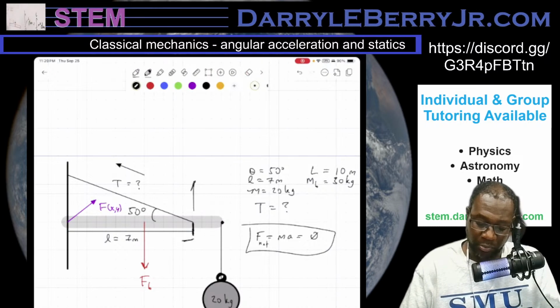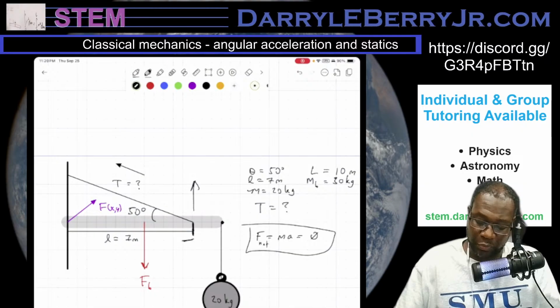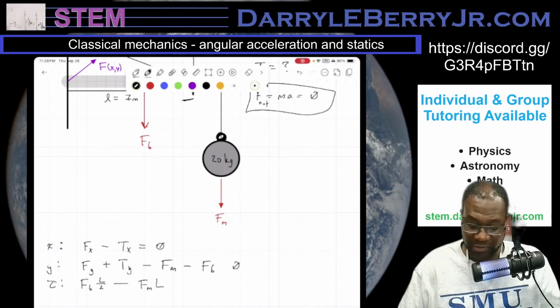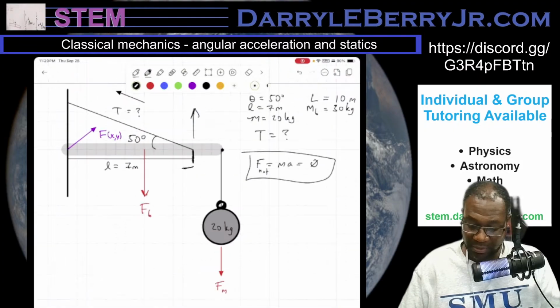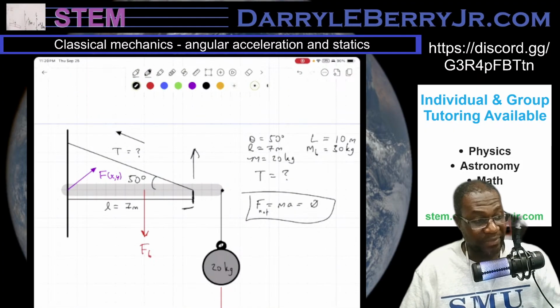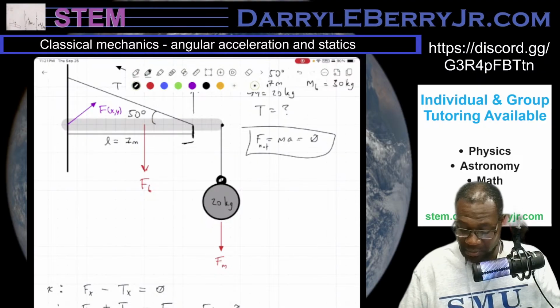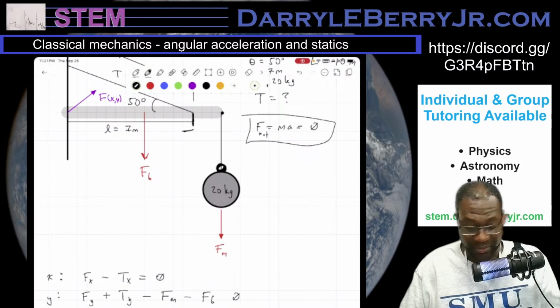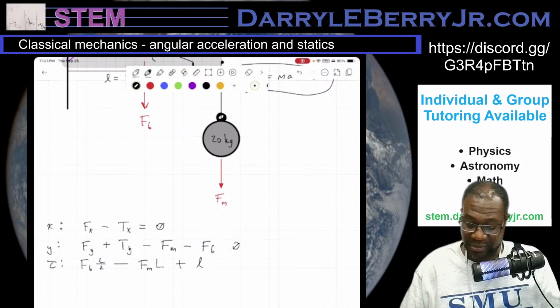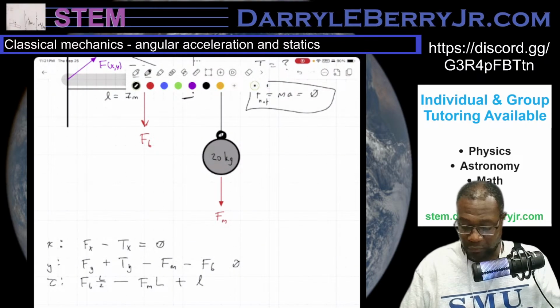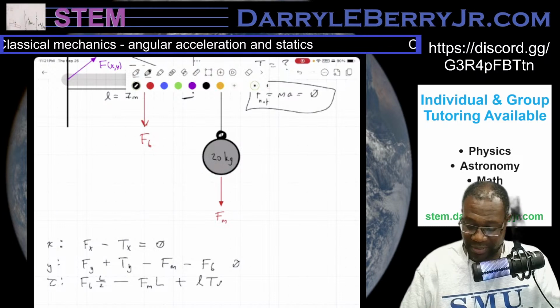But the upward portion of the tension force is making it torque, just like the weight is. So there's going to be a plus. It's going to be from where it's touching the beam. Again, there's always going to be a force and a distance. So it's going to be L. And as we discussed before, the vertical component of the tension is T sine theta.